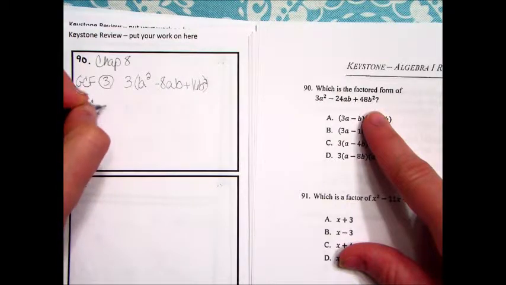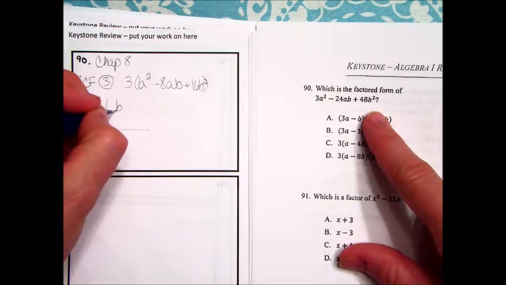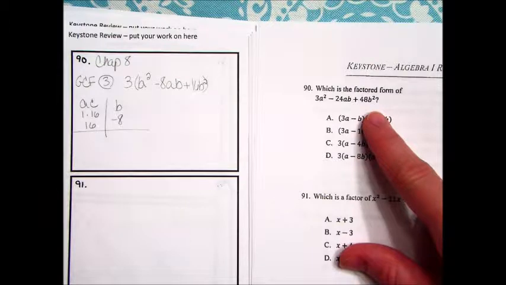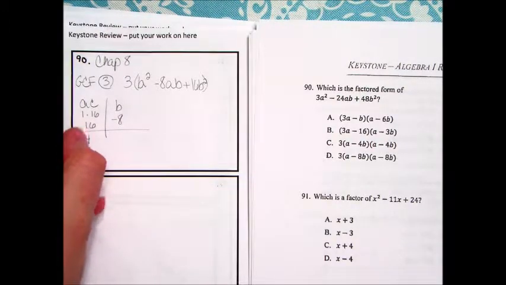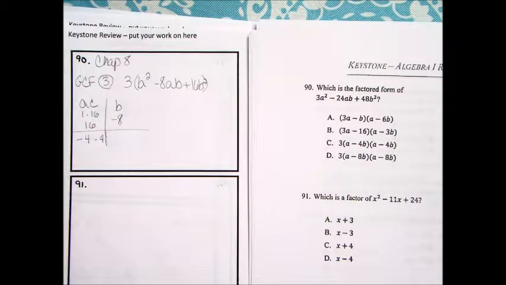So 16. And the value of b is negative 8. So what multiplies to 16 and adds to negative 8? We have not 8 and 2. That's not going to work. 4 and 4. Negative 4 and negative 4 are the key numbers.